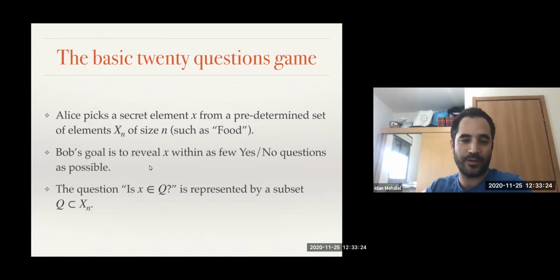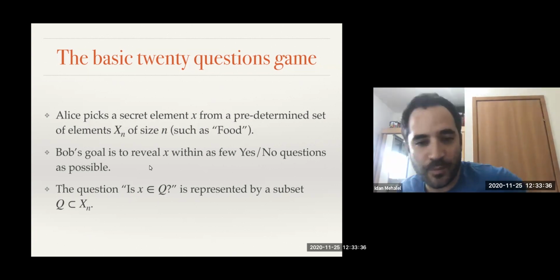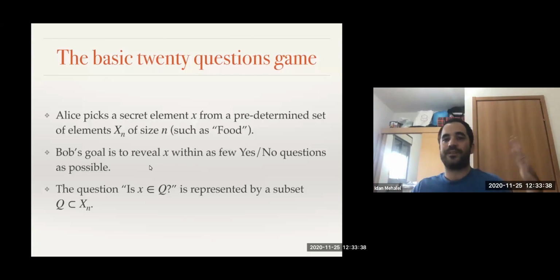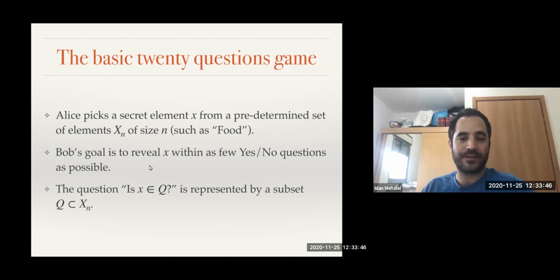So how do we represent a question? The question "is X in some subset Q of the universe" is simply represented by the subset Q. So let's say Bob wants to ask Alice if the secret element she thinks of is a fruit. So we can simply send Alice the subset of all fruits, and that will represent that question.